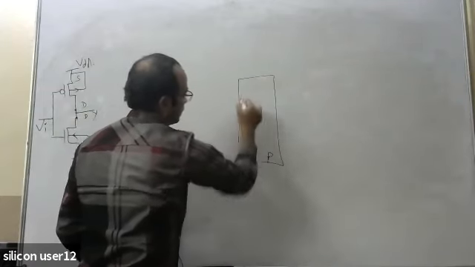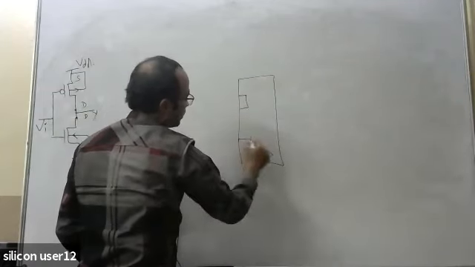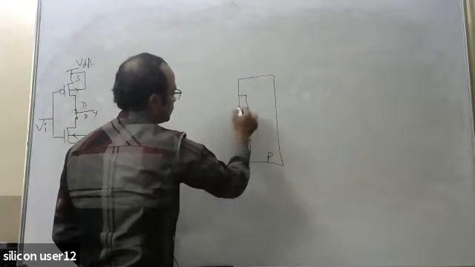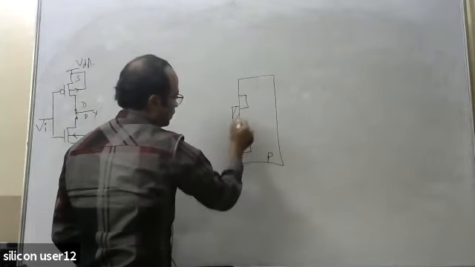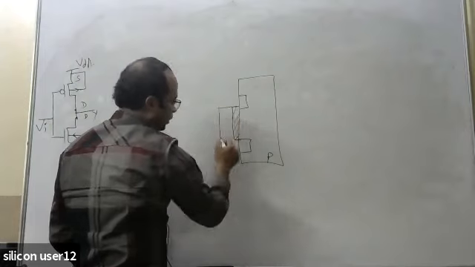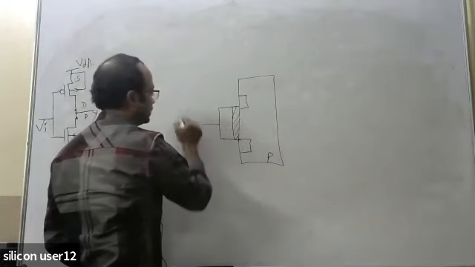P-type body, N-type drain or N-type source, insulating region, and above it you have a gate region.